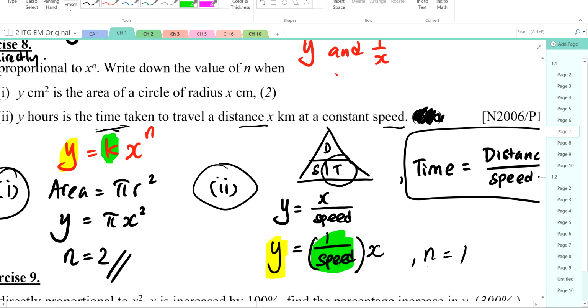Yeah, same. Therefore, x is also the same, right? Then the last one, our n at the top must be equal to the power over here. What is that invisible power over there? 1. There is a 1 over here. Therefore, n is equal to 1. Alright? I hope this clears up your doubts.